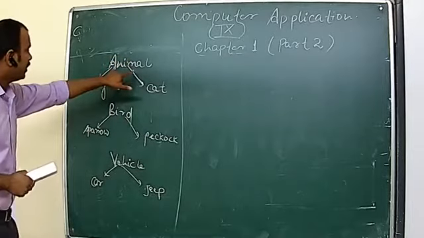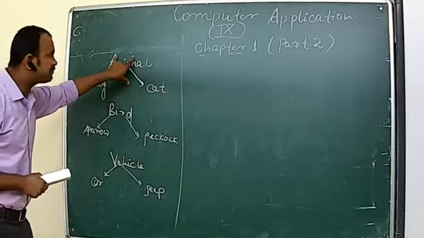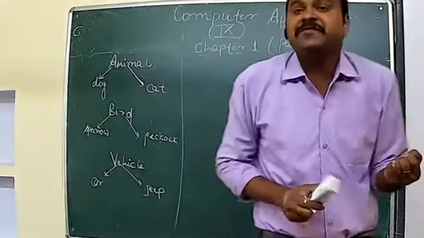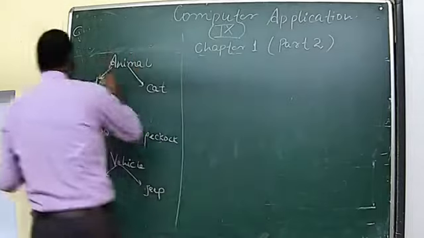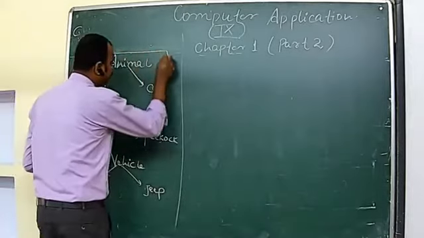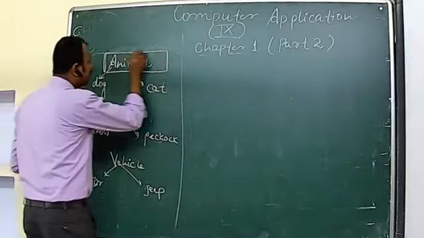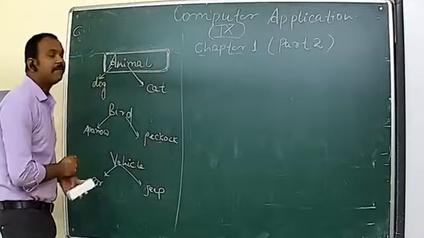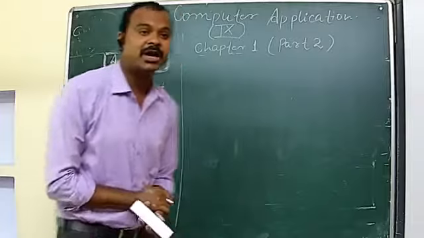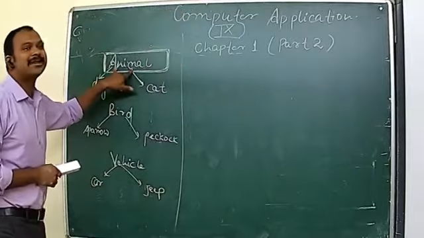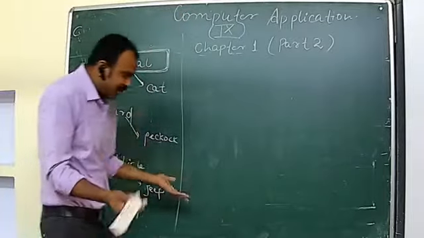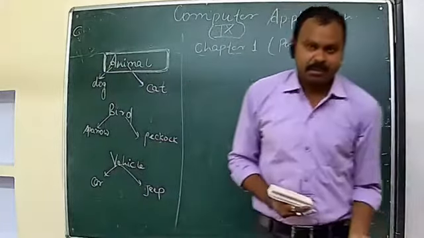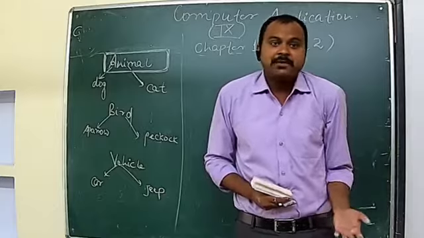From this part we can take out the definition. If I talk about animal, it is not a real world entity. Why is it not a real world entity? Because it is only a conceptual thing. If I asked you, I want to see an animal, animal is not defined, which animal I want to see.